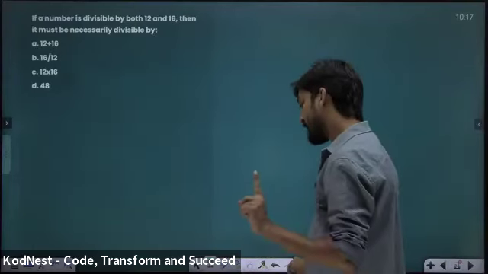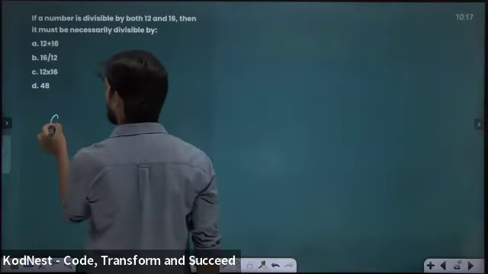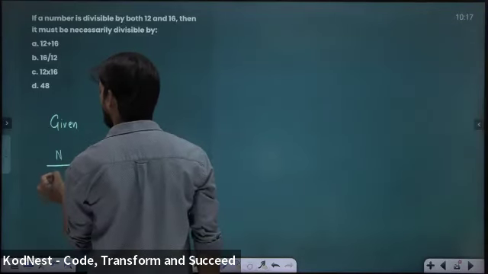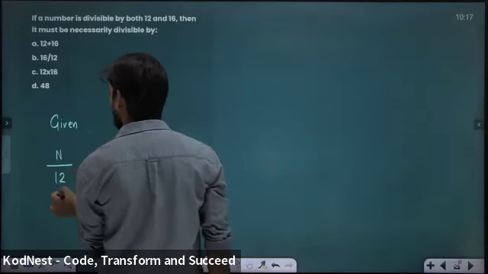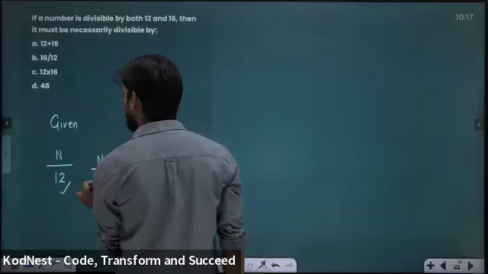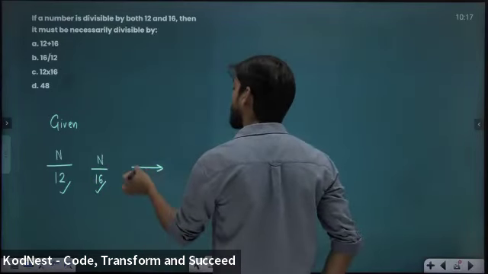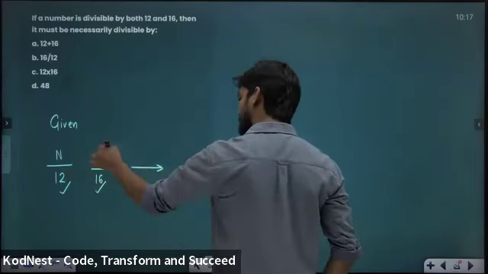Carefully see, the given information is this: there is a number which I don't know. It is divisible by 12. It is divisible by 16. So what I can say from this information is the number is divisible by the LCM also.